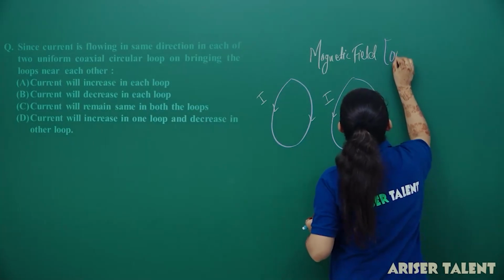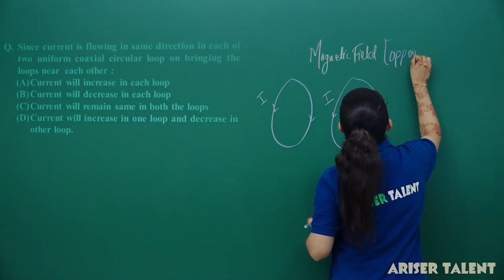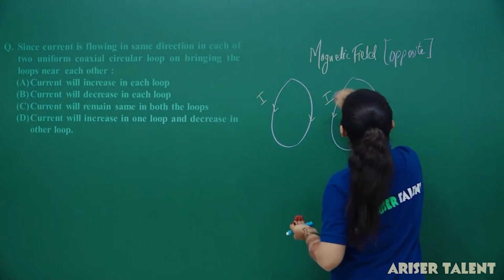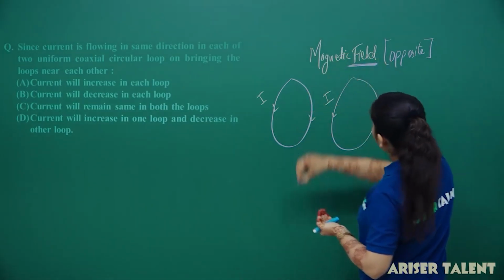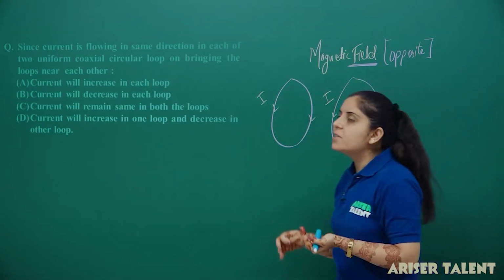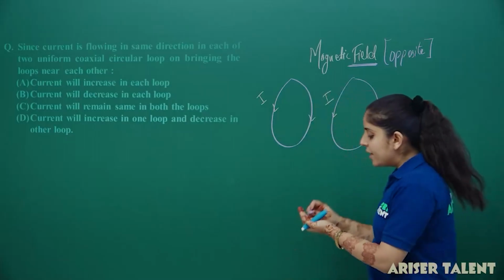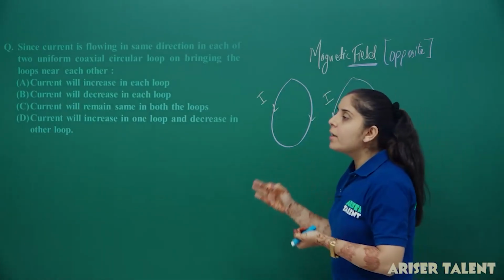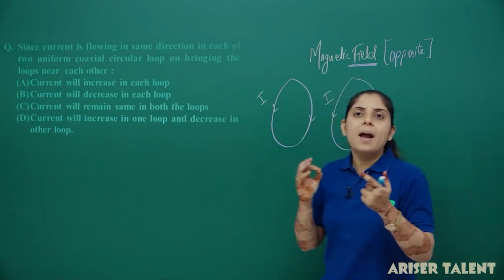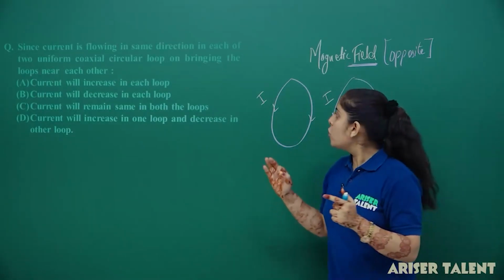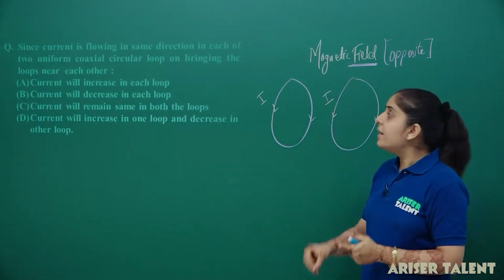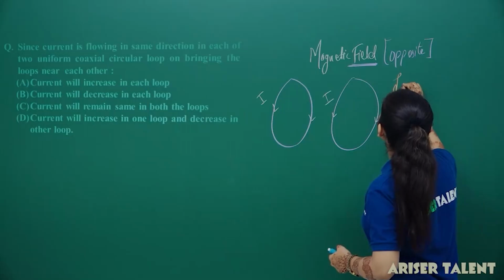So the direction of the magnetic field is opposite and the same current is flowing in the same direction. If current is flowing from left to right, the magnetic field will be from right to left. This is just the opposite case and it is in accordance with Lenz's law.